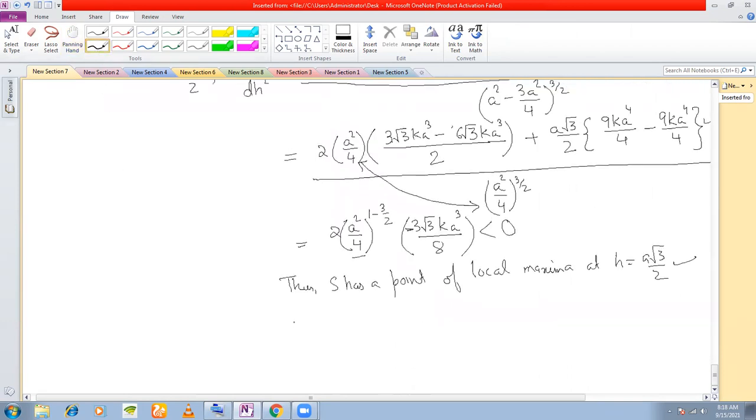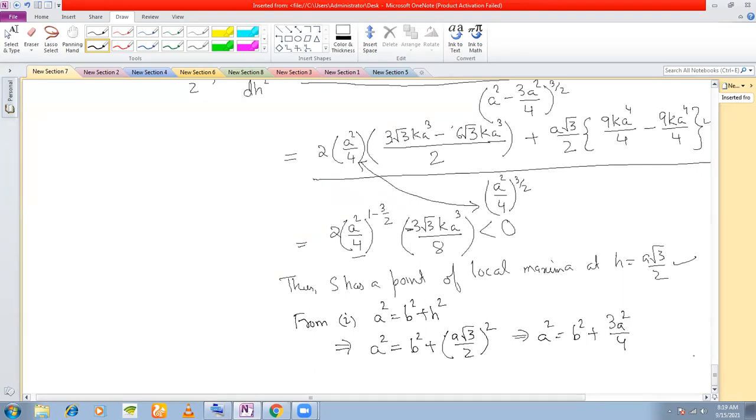We'll use relation 1. From 1, a square is equal to b square plus h square, where h is root 3 by 2 a. So a square is equal to b square plus 3a square by 4.